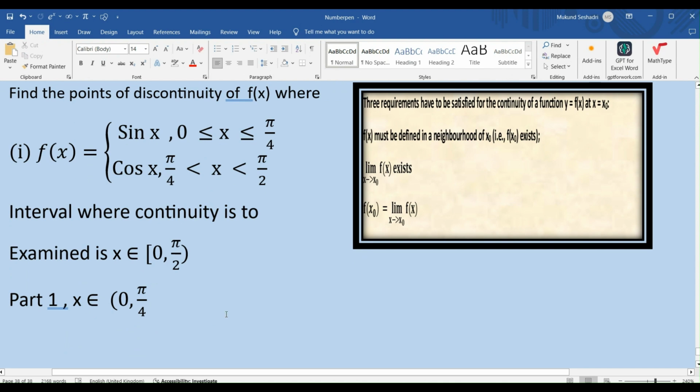What is my function? My f of x is a simple sin x, and we know that sin x is continuous.